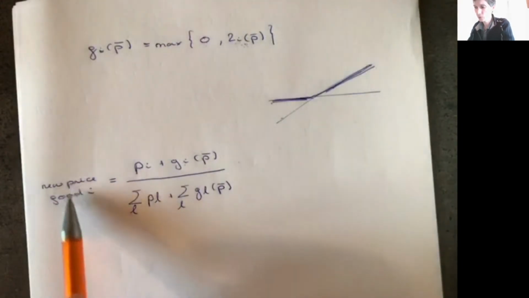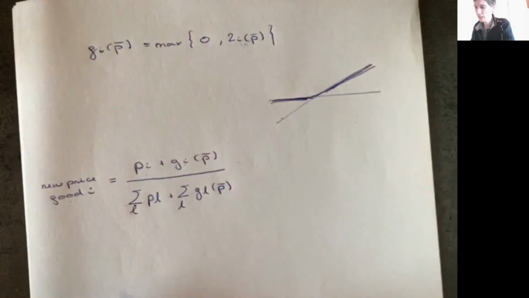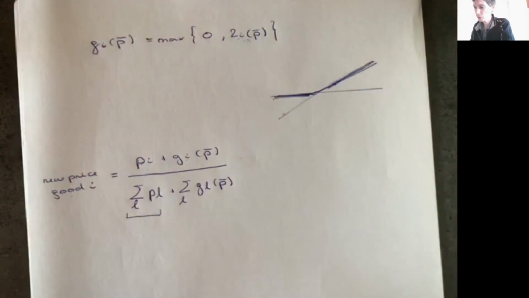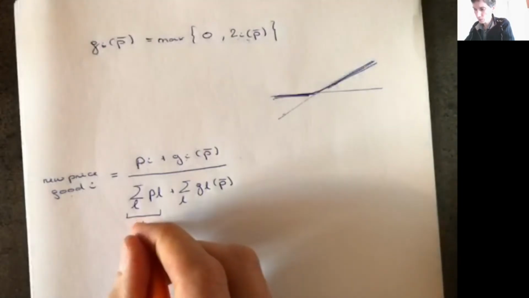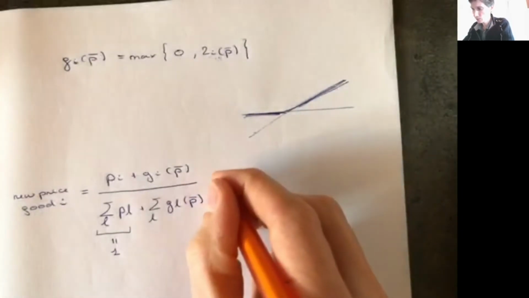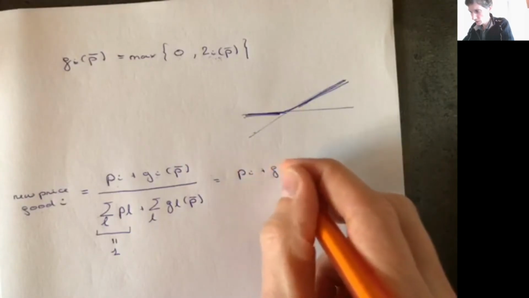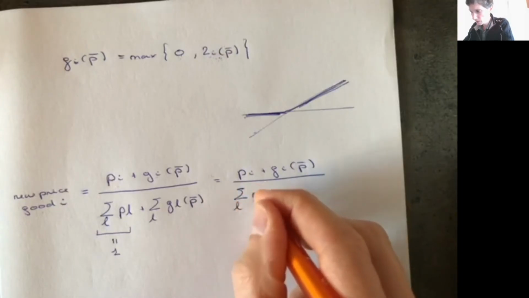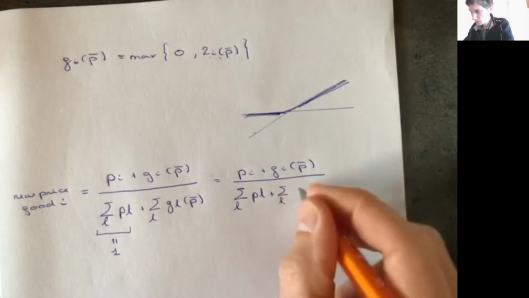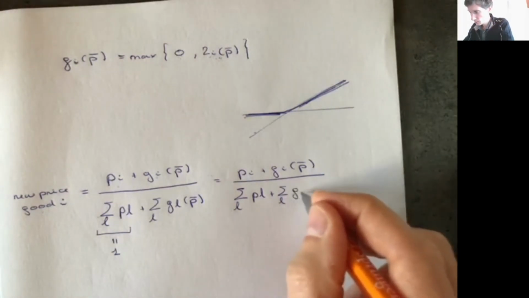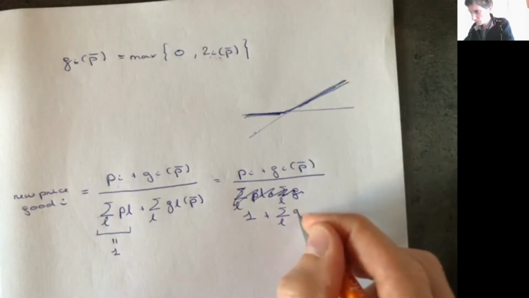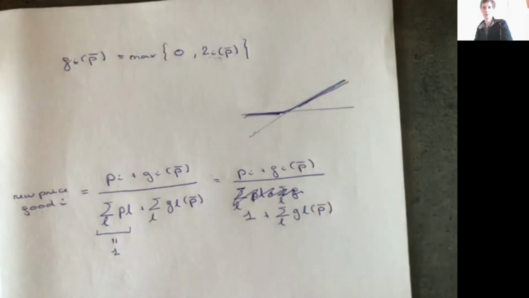Okay, so we're going to define the new price to be equal to this divided by this. Okay, and we know that because the price vector is in delta k minus 1, we know that this will be equal to 1. Okay, so this will be equal to Pi plus gi(p) divided by the sum over l of pl, which is 1, plus the sum over l of gl of p, right? So this is going to define our new price.